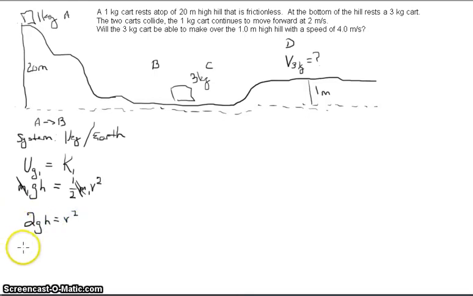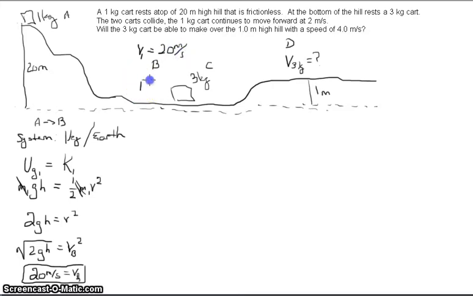Take the square root of both sides, so we get the square root of 2gh is equal to v at B. So the velocity of the 1 kilogram object at B will equal the square root of 2 times 10 times 20. 2 times 10 times 20 is 400. Take the square root of 400, you get 20 meters per second is equal to the speed at B. All right, so we now know at B, before the collision, the speed of the 1 kilogram cart is 20 meters per second.